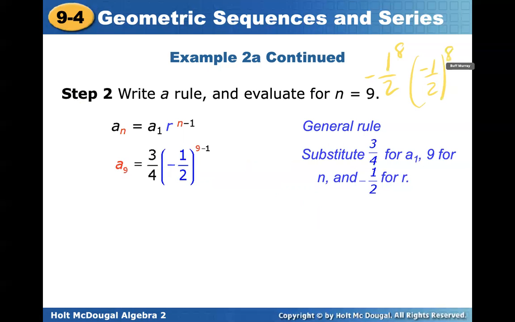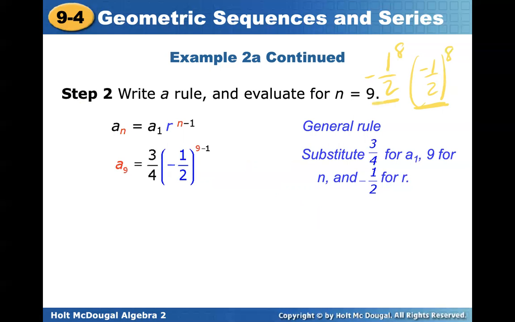So be careful with that. If you have a ratio that's negative especially, you're going to want to protect it. Just protect your ratio with parentheses all the time. That'd be a good idea. Here, everything would be negative because it's going to take 1/2 to the 8th and then change it to the opposite. Here, things will alternate, and that's truly what we want.